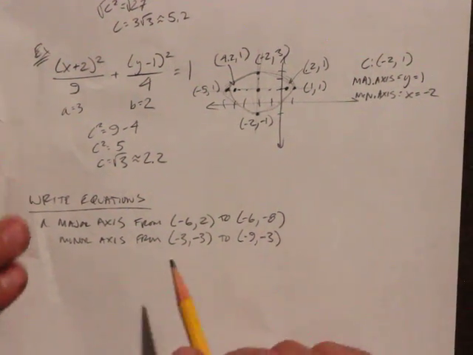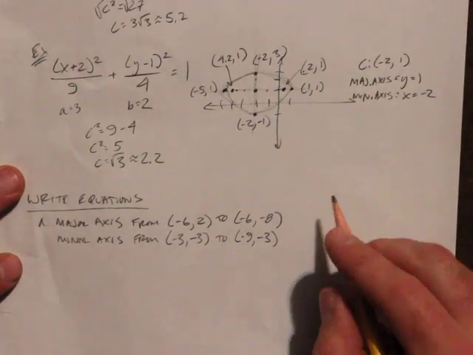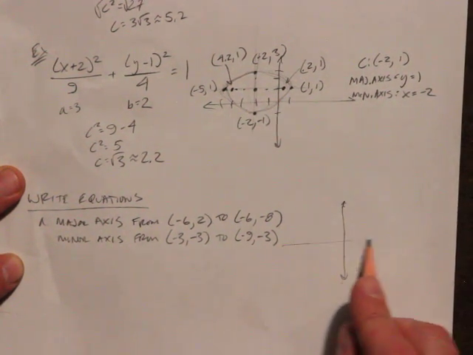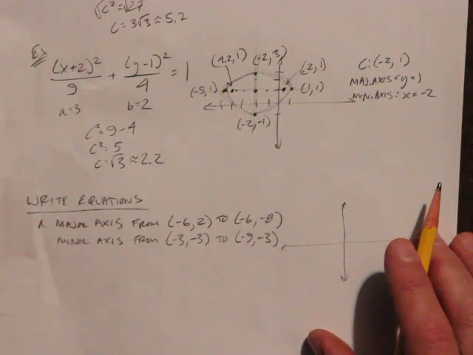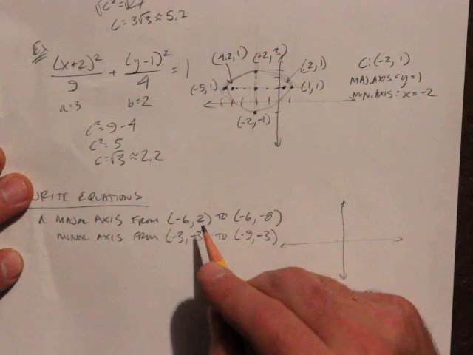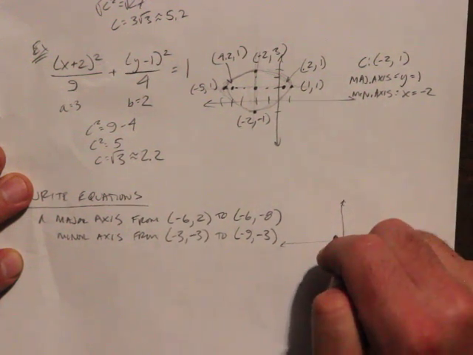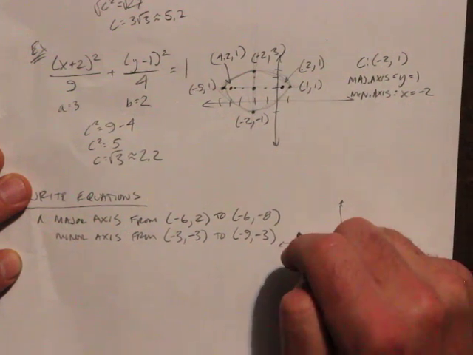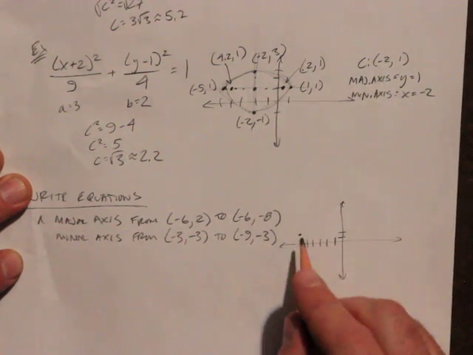The way I do this is I start sketching this out a little bit so that I can see what's happening. Otherwise, it's a little bit more difficult to figure this out. So at -6, +2, 1, 2, 3, 4, 5, 6, and then +2, there is one vertex.